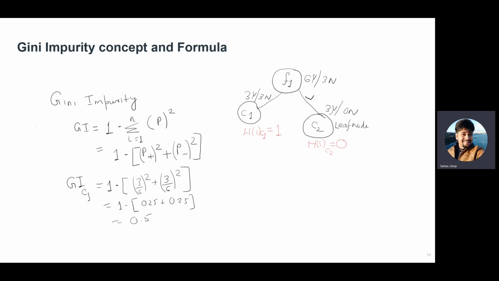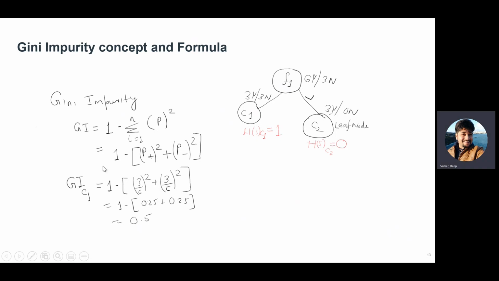Now, if I quickly put this for my C1 node here, the probability of plus would be how much? It's 3 divided by 6, plus the probability of no, that's 3 divided by 6 again. Now, if I sum this up, 0.25 plus 0.25, and 1 minus 0.5, that is nothing but 0.5. Can you note a difference here? If we calculate entropy over here, this was coming as 1 for the C1 node.